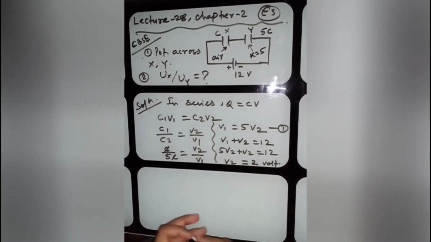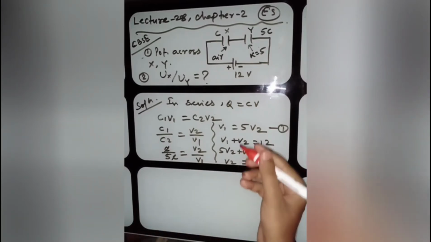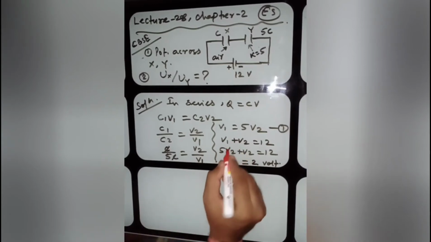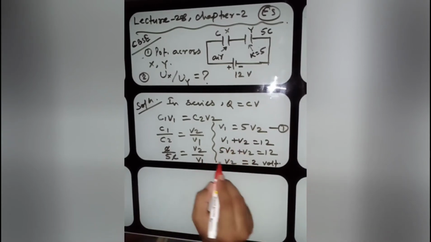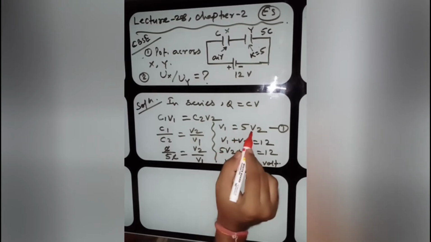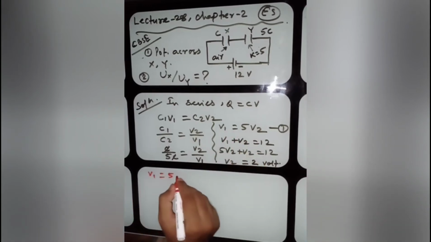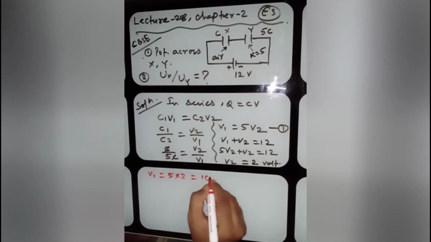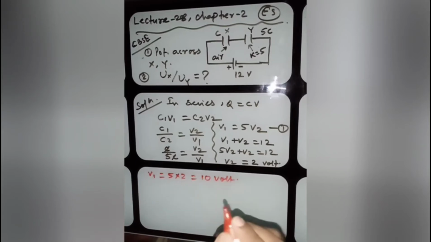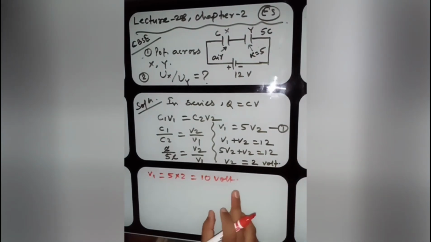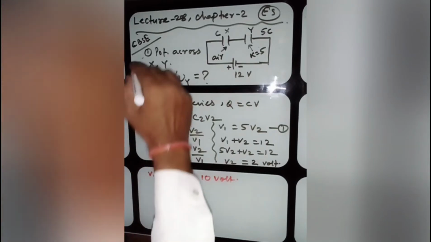Are you getting it, my dear students? Now that you have calculated V2, you can find V1 also. Put the value of V2 over here. V1 will be 5 times V2, that is 10 volt. The first question you have solved; you have found the potential across each.